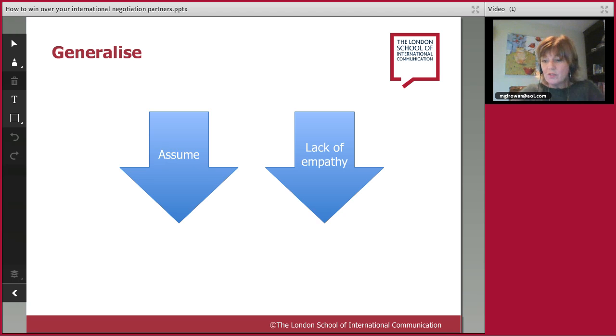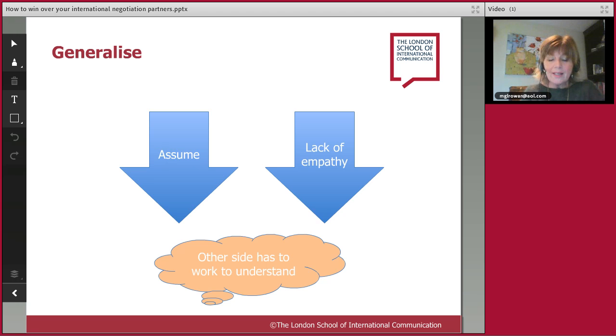So in terms of generalizing, it's great to help us categorize, it helps us learn, it's the structure of learning. But what it actually does is it makes the other side have to work hard to understand you. And unfortunately, that's exactly the opposite of what they need to be doing. The other side need to be able to understand you more easily.